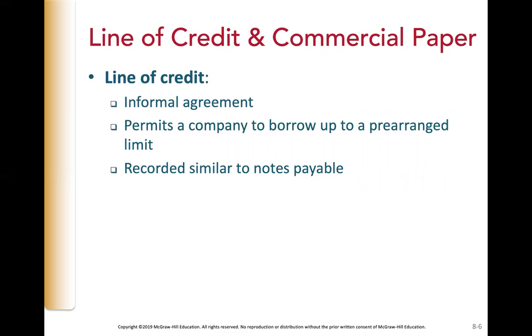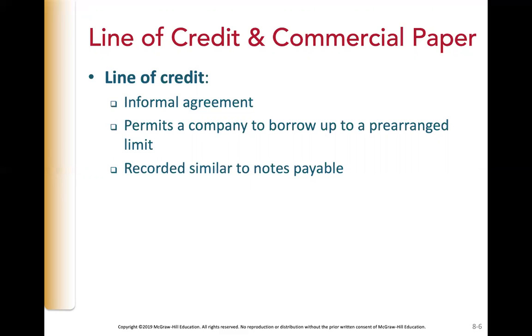So they have this agreement out there that Southwest can go to Bank of America and borrow up to $100,000 at any point in time, but they haven't borrowed it yet. At the time when it's first negotiated, no journal entry is recorded because no money has been borrowed. They've just gone into the bank, filled out the paperwork, and done an agreement to allow them to borrow at a later date of time.